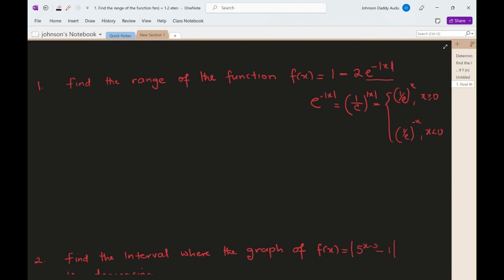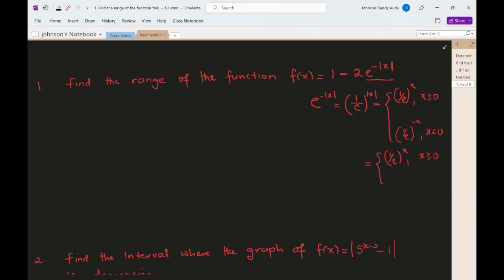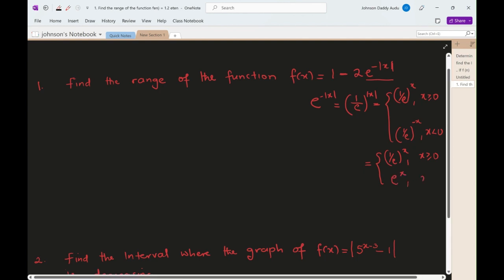Is that okay? So if we look at this carefully, we can rewrite this as 1 over e to the power x when x is greater than 0. And this one, you can see it is 1 over e to the power minus x, so this will become just e to the power x when x is less than 0, because you have 1 over e.